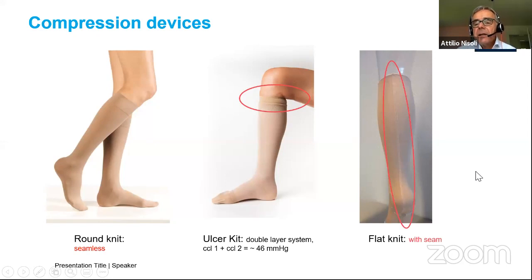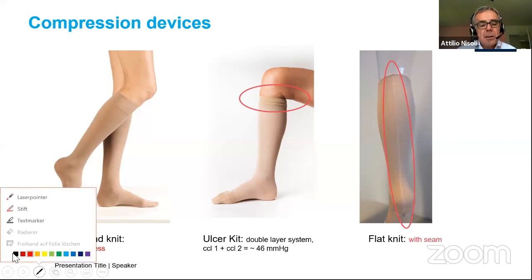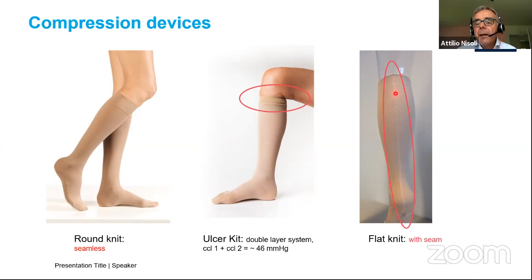And on the other side, we are talking about flat knit. And as you can see on this picture, flat knit means you knit a fabric, and at the end of the day, you stitch the two ends together. And this is why we have a seam at the back. So the difference is obvious.